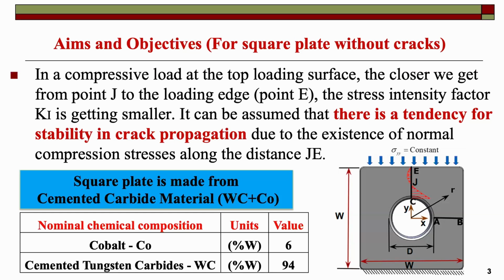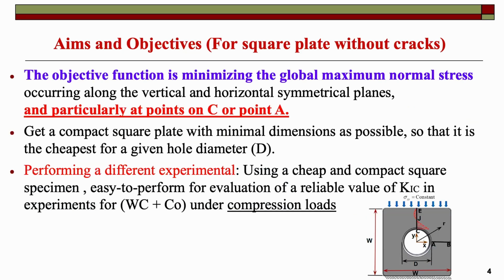The cobalt content is between 6 and 15 or maybe 20%. For process plasticity, they take more cobalt, which gives more ductility. So the objective function is to minimize the maximum normal stress occurring on the vertical and symmetrical planes.